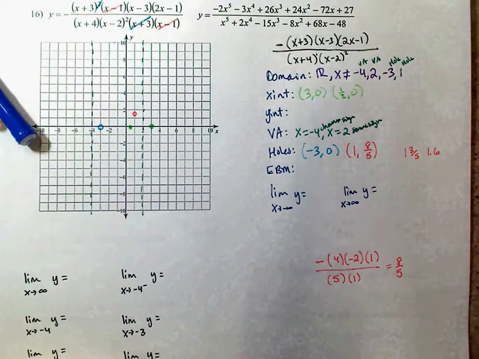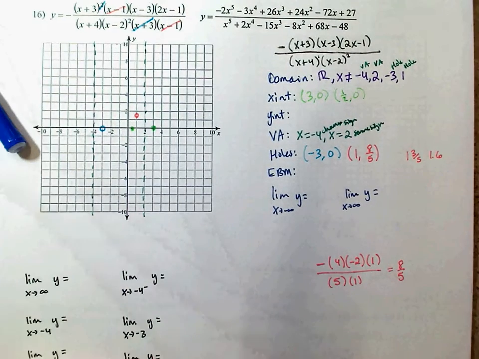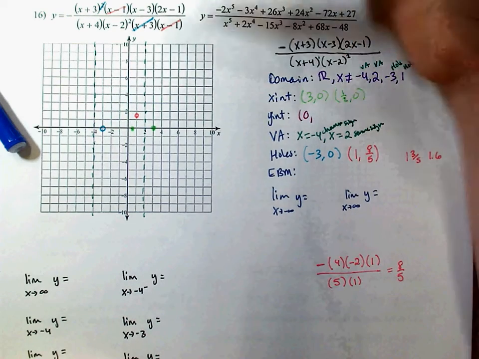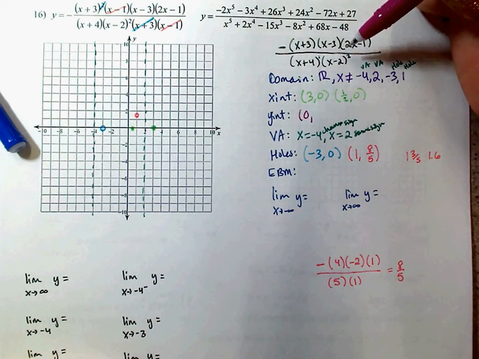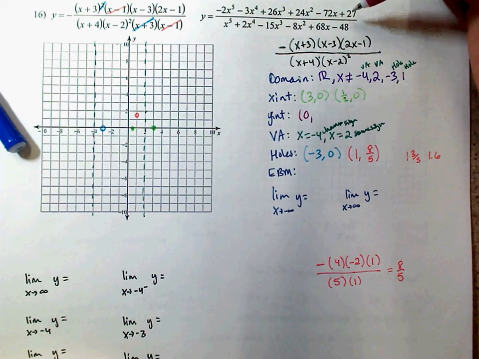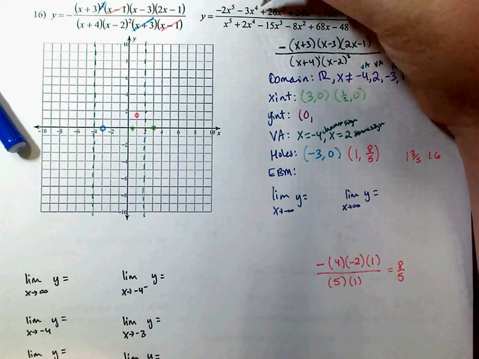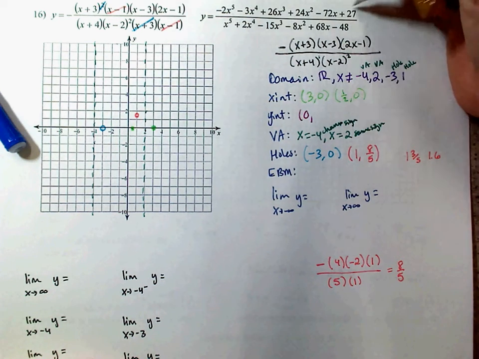Okay. Y-intercept. Y-intercept occurs when x equals 0. So when x equals 0, you could use this right here and figure it out, or you could use the original expression. Okay, so I'm going to show you that it works with both. If x equals 0, all of these terms are gone on the top, with having x in them, except for this right here, 27 over -48.